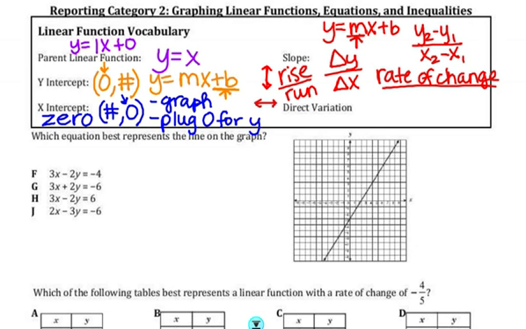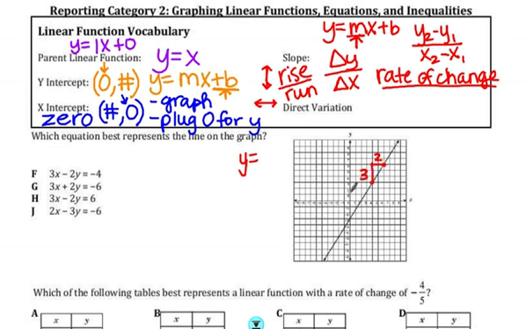On this first example, it's asking which equation best represents the line of this graph. Probably what I would do here is, since I can visually see my slope and my y-intercept, go ahead and write out my equation. So it's going to be y equals, and if I pick out 2 points at a nice intersection, that's showing me I rise up 3 and then I run 2.